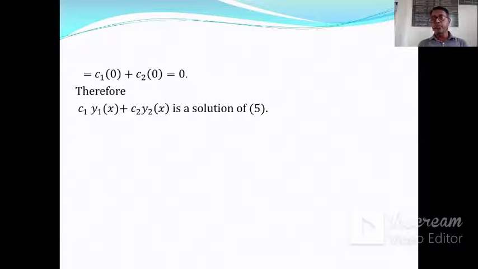I repeat the proof again, try to understand it properly.